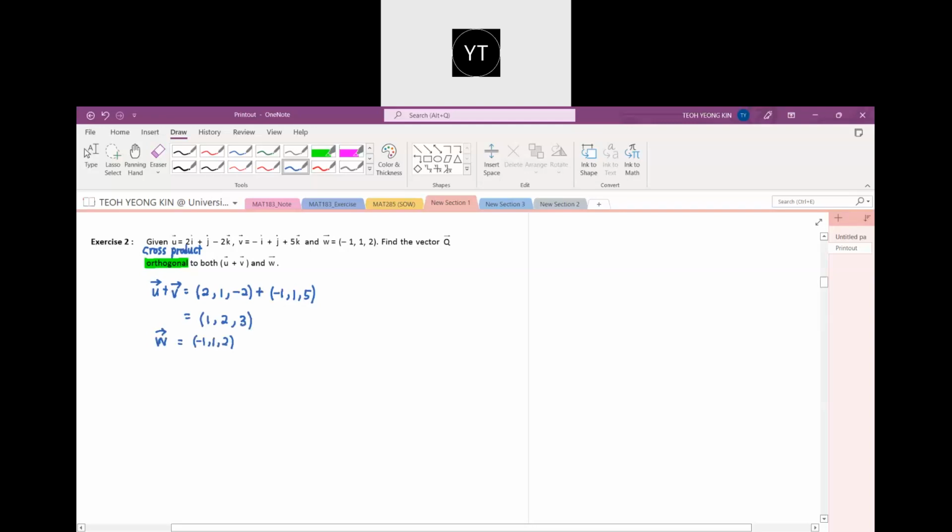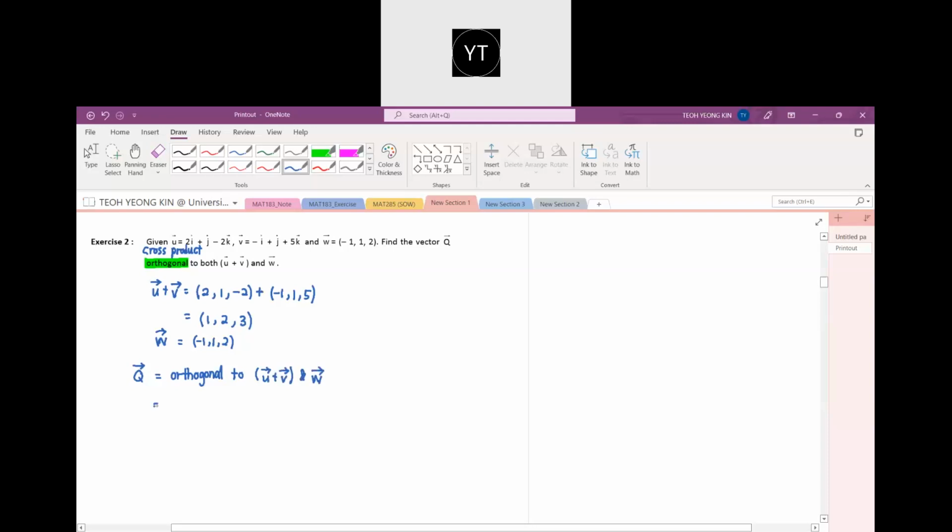So in order to find the vector q, which is orthogonal to both of these vectors, we have to find the cross product. So q is orthogonal to vector u plus v and vector w.